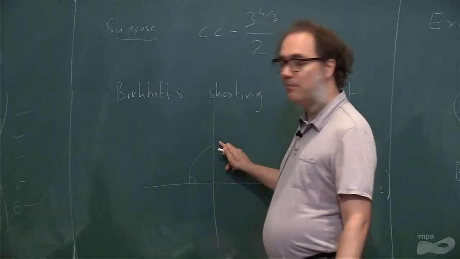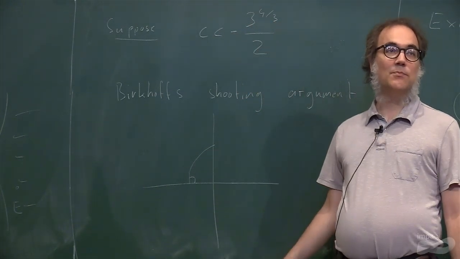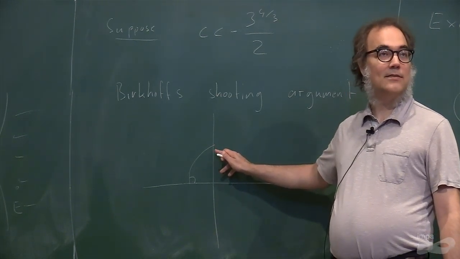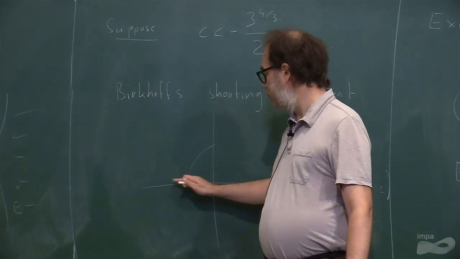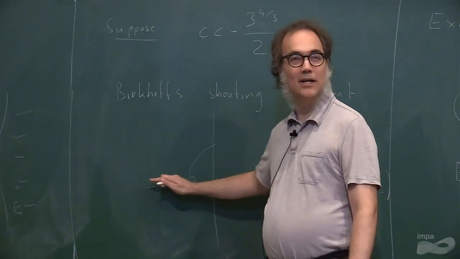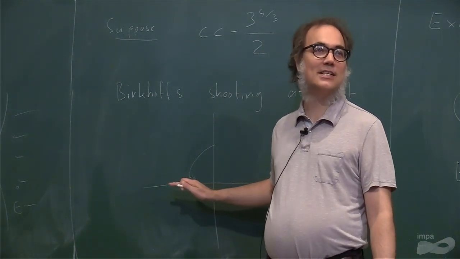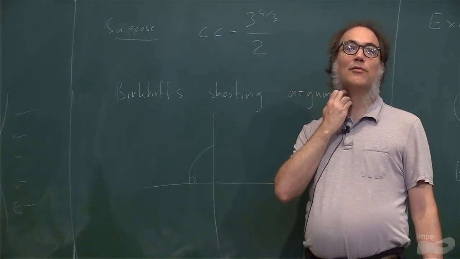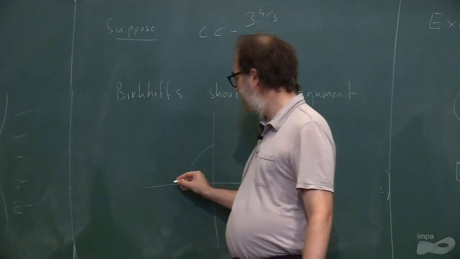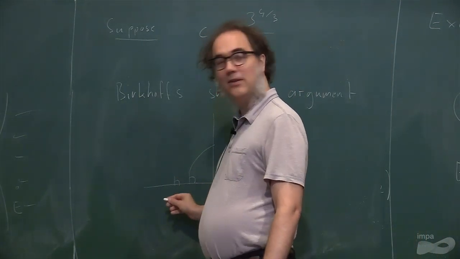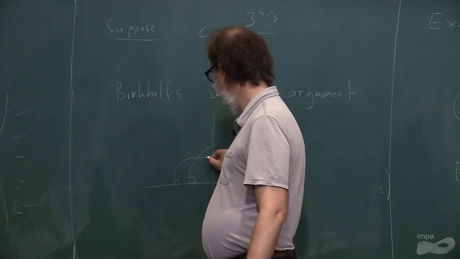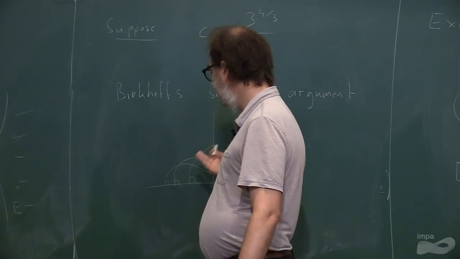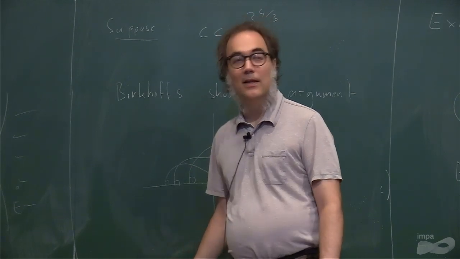So we will end up here with some angle, which is probably not 90 degrees. So then we shoot everywhere, and we just try everywhere until we find some nice shot where we hit perpendicularly.